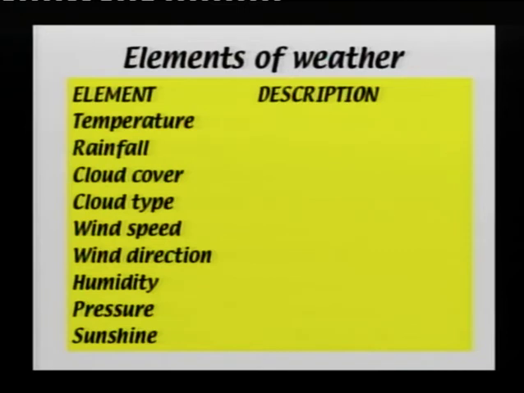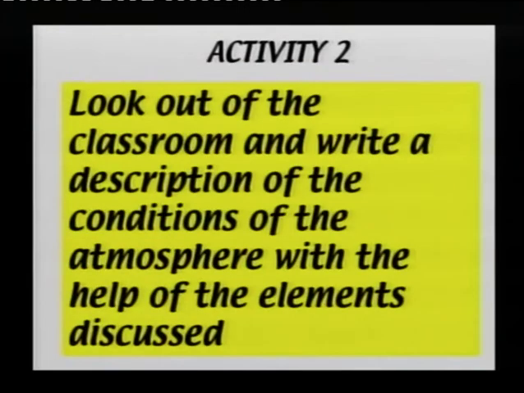Your task, the next activity, is to look out of the classroom, and then in your exercise book, write a description of the conditions of the atmosphere with the help of the elements that we have just discussed. This time, it's individual work, and you are going to write at least a paragraph in your exercise book explaining today's condition. Perhaps when we come back in our next lesson, the conditions will be completely changed.